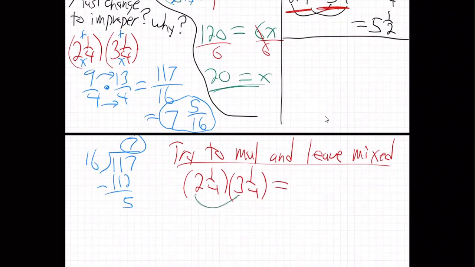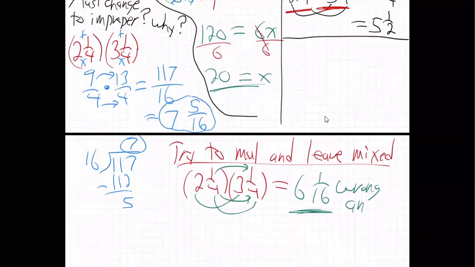You'd go 2 times 3 is 6. A fourth times a fourth is 1/16, right? Just multiply 1 times 1 and 4 times 4. 6 and a 16th, that's the wrong answer, isn't it? The real answer should be 7 and 5/16. See how you get the wrong answer if you try to multiply them and leave them mixed?